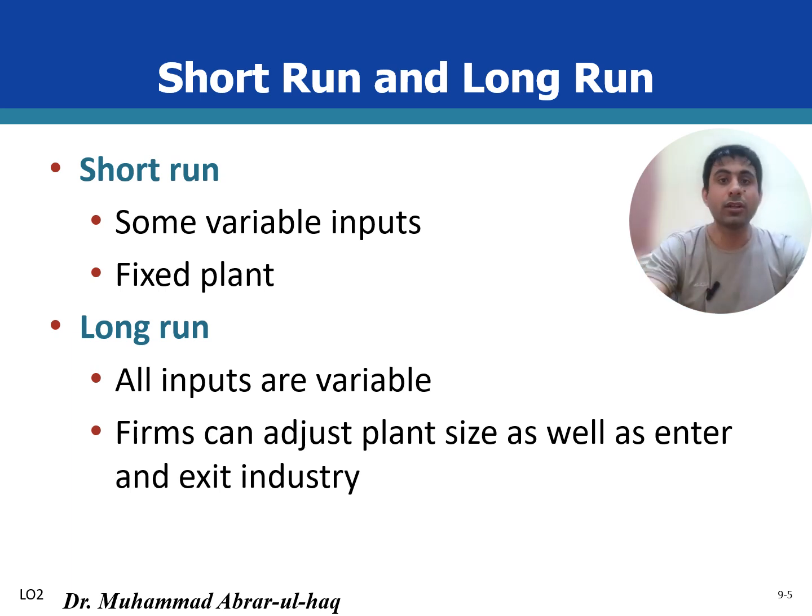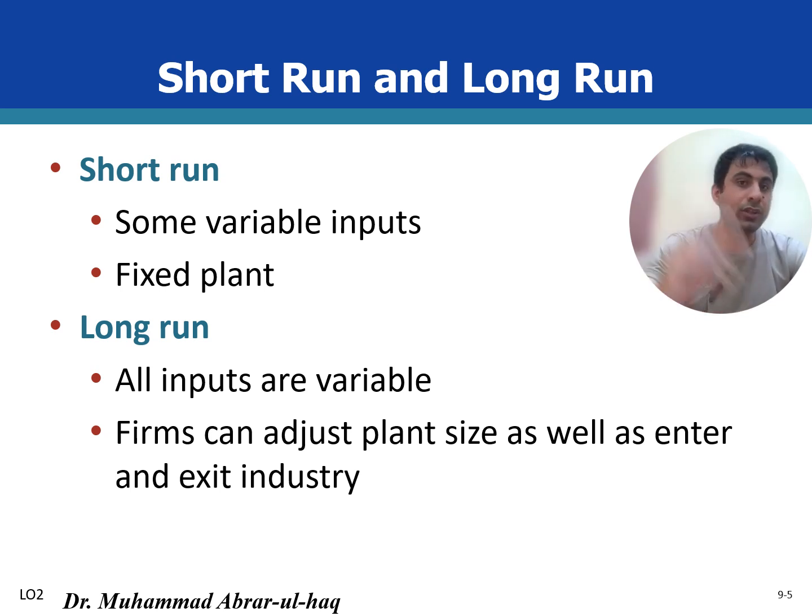Meanwhile, in the long run, all inputs are variable. So this allows firms to make more significant adjustments, including altering the plant size or the production capacity. In this period, firms have the flexibility to scale operations up or down and can fully optimize their resource allocation.